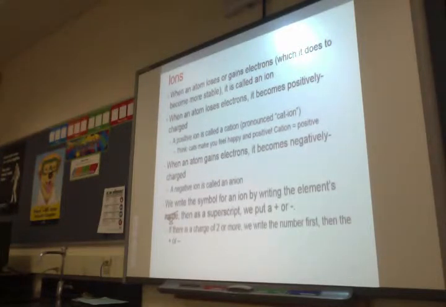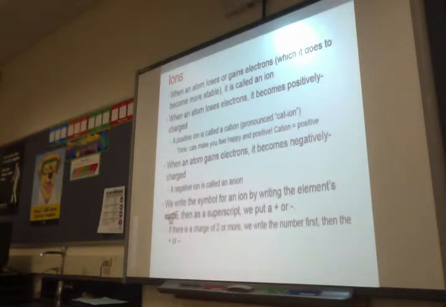If there's a charge of 2 or more, we write the number first and then the plus or minus. So let's write some ions.